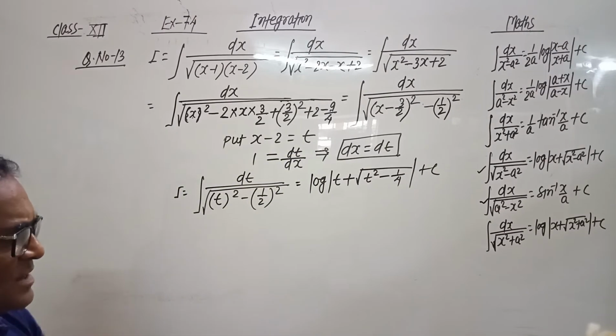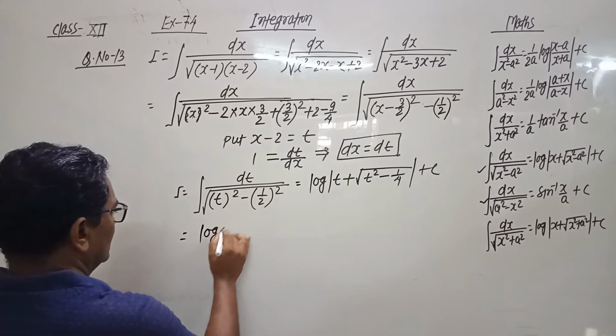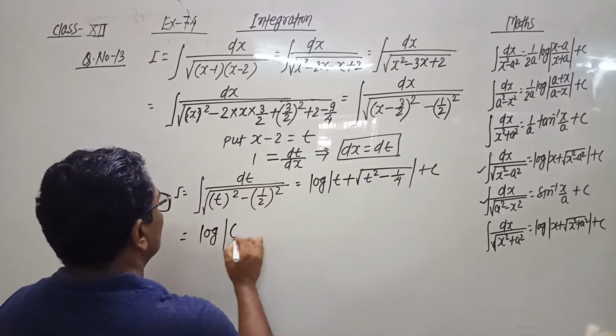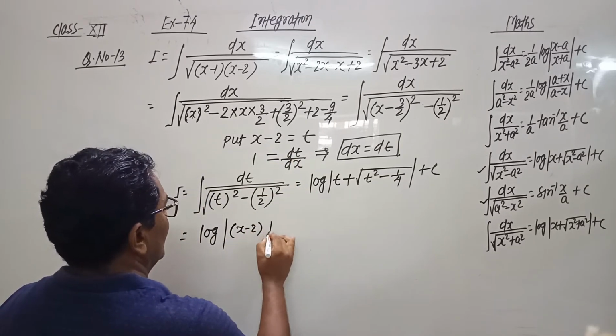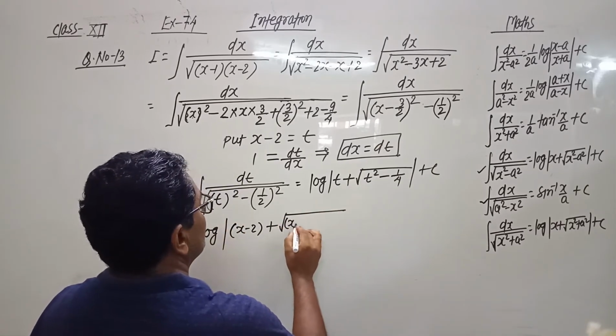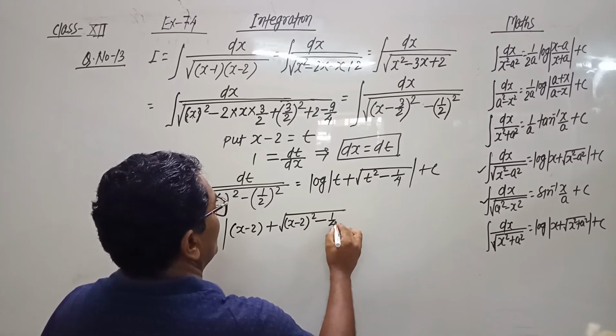Now we have to put the value of t. So it would be written log, the value of t we have taken is x minus 3 by 2, plus the square root of t square, which means x minus 3 by 2 the whole square, minus 1 by 4.